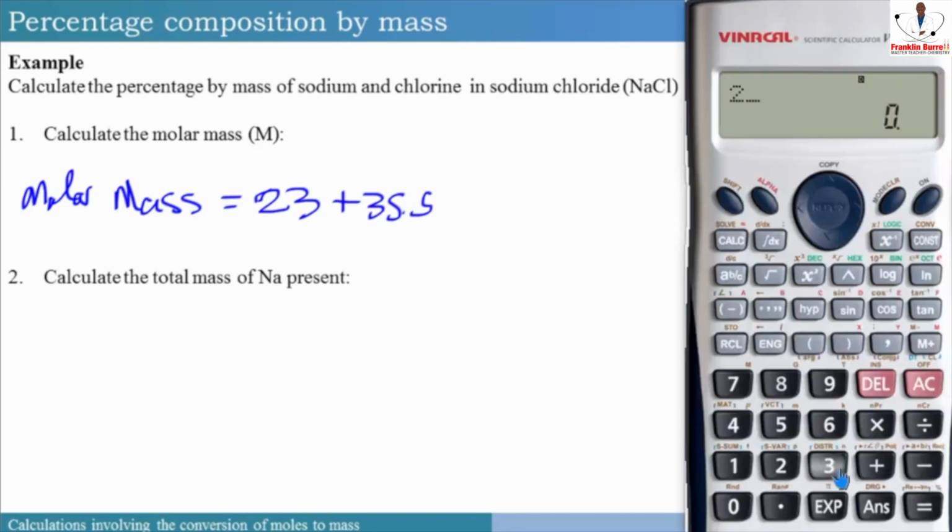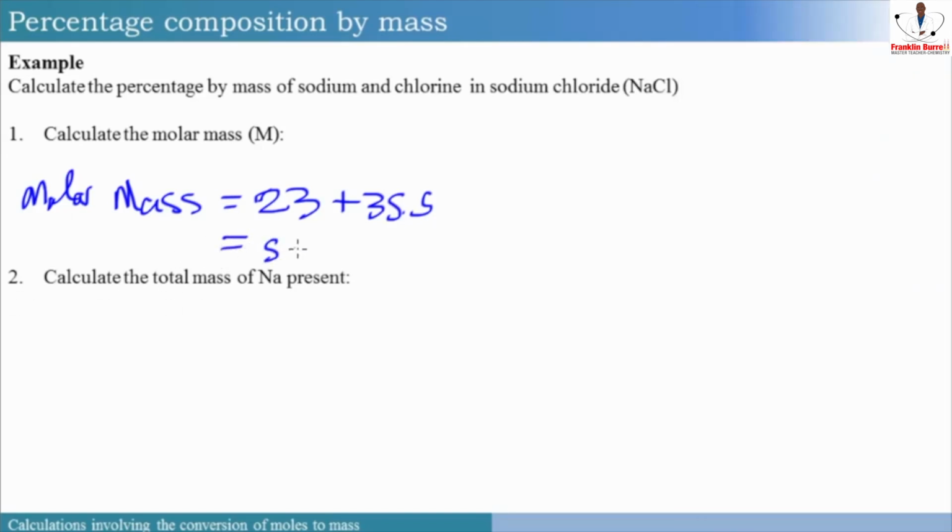So 23 plus 35.5 should give me a mass of 58.5. So the molar mass here is 58.5.